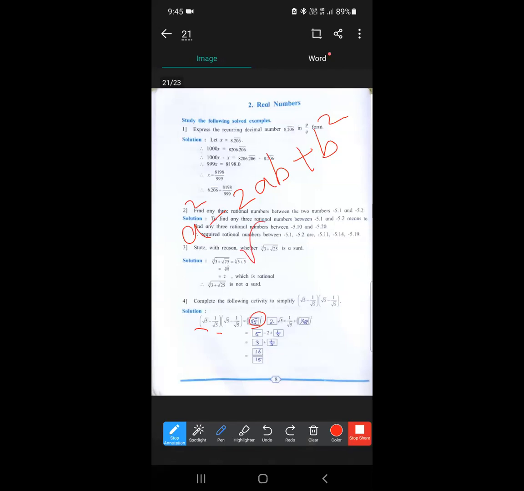Now root 5 the whole square. Root 5 into root 5 will give you root 25, and it is 5. Whenever a number is in the root and we take the square, it becomes a whole number. So it will be 5 minus 2, plus here also root 5 will get cancelled.